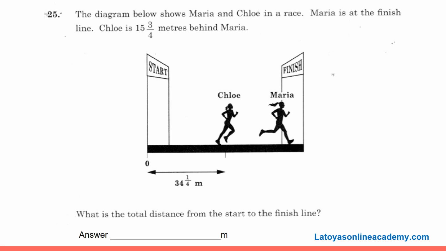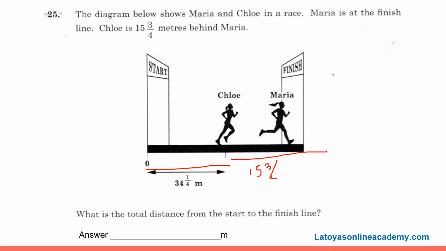The question wants us to find out the total distance from the start of the race to the finish line. This is easy because they gave us the distance from the start to where Chloe is, that's 34 1/4, and they told us the distance between Chloe and Maria is 15 and 3/4.